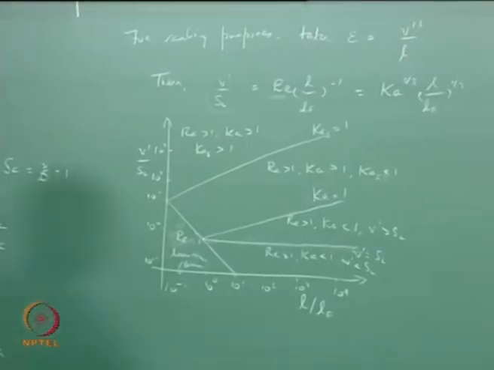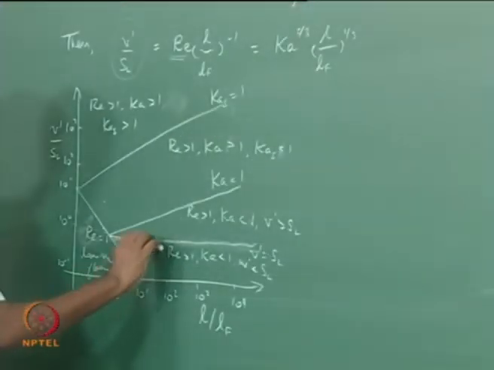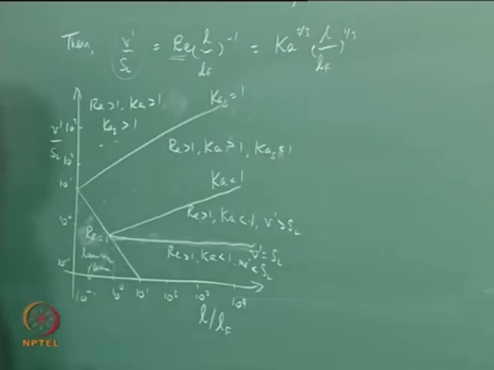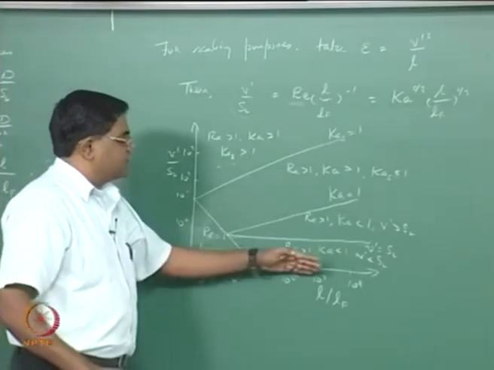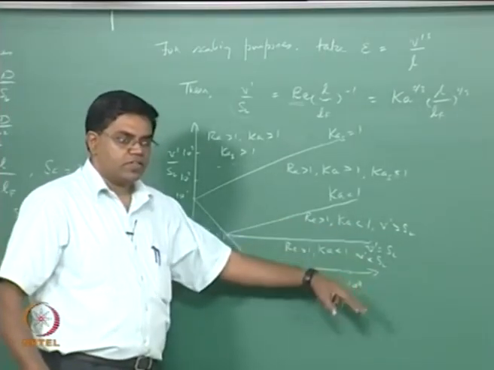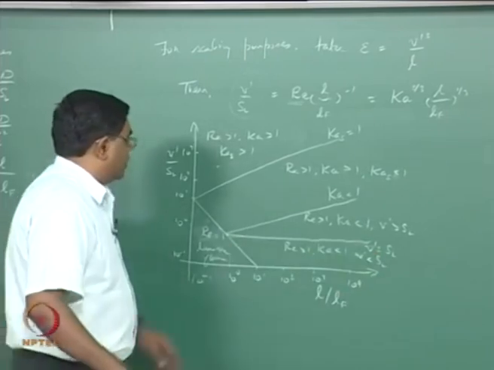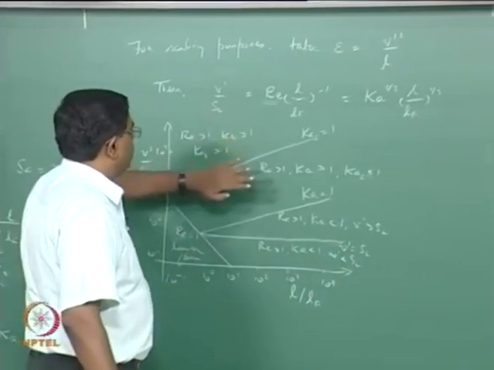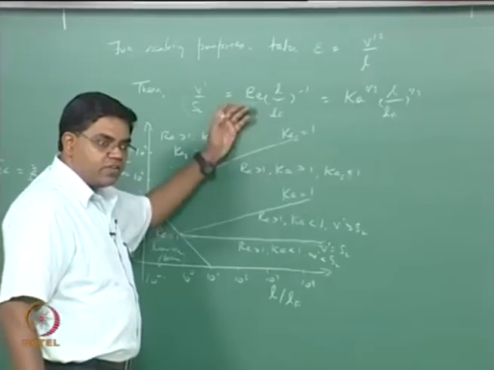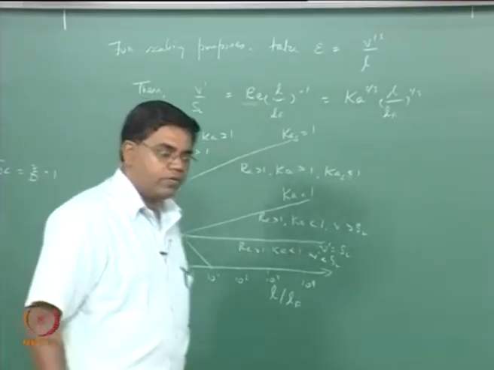So that means we now have 4 regimes that we have marked. Two based on Karlovitz less than 1 with V prime greater than or less than SL, and when Karlovitz is greater than 1 we still have Karlovitz delta less than or greater than 1. That is how we are splitting this.